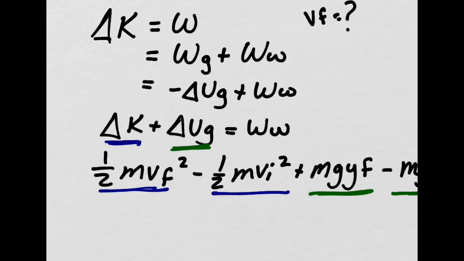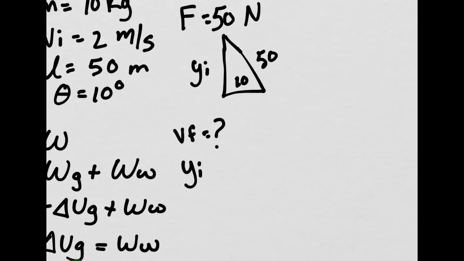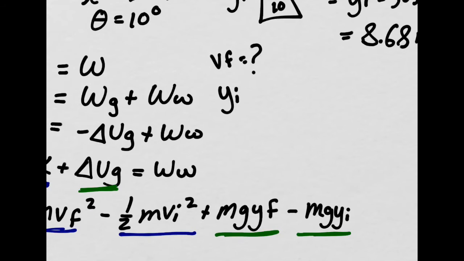Y initial: if we know the hypotenuse of our triangle is 50 and our angle is 10, we can use the Pythagorean theorem to find Y initial is 50 sine 10. And this, if you plug it in, is 8.68 meters. We know that Y final, he's at the bottom, is 0.